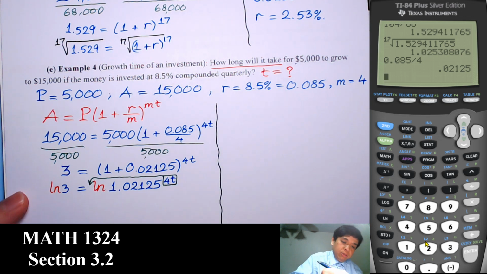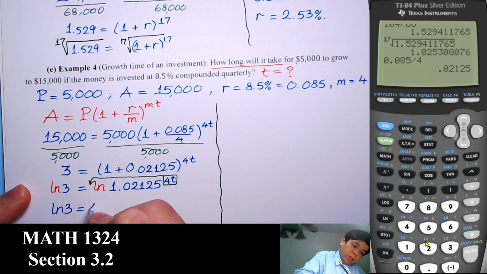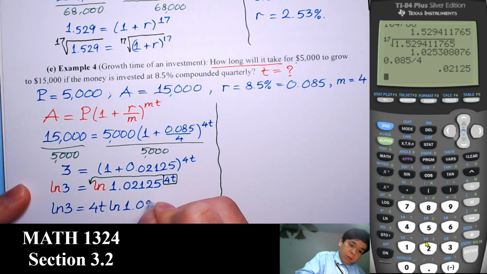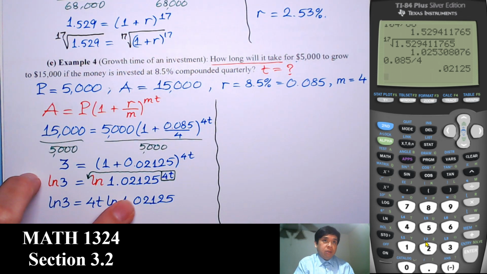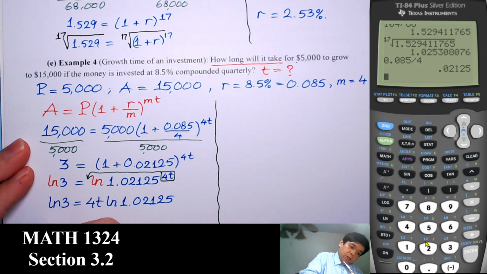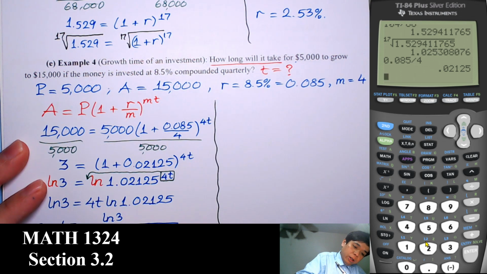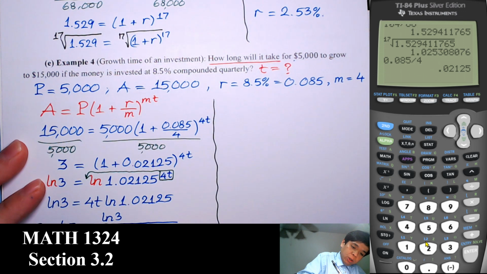So that gives us ln of 3 equal to 40 ln of 1.02125. And then we can divide by 4 on both sides and divide by ln of that on both sides. So t equal to ln of 3 over 4 ln of 1.02125.